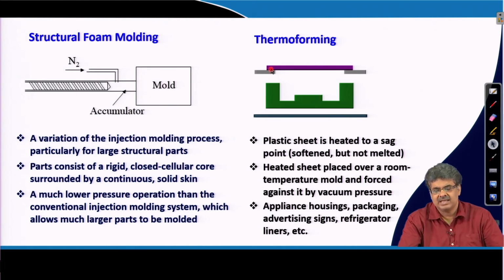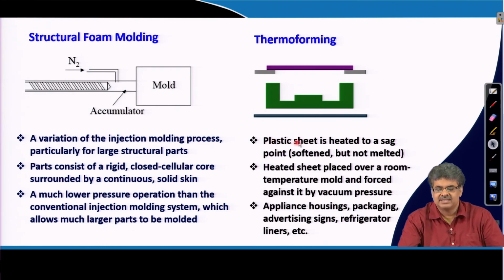A polymer film is heated so that it becomes soft, just above the Tg or just above the Tm of the polymer, mostly Tg, and then vacuum is applied so that the film forms the shape of this mold, and once it is cooled, this film will form a product like a tray, as shown here.